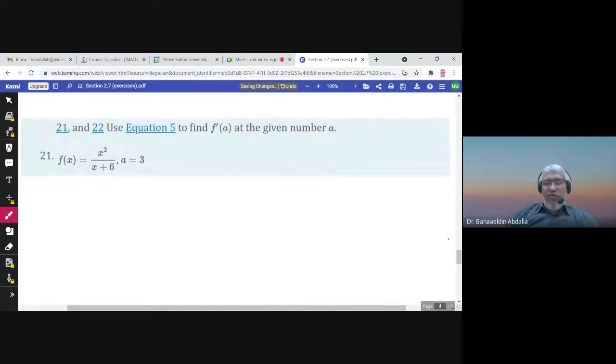So equation 5, I believe it is this one. Okay, this is the limit as x approaches 3 of f of x minus f of 3 over x minus 3. f of 3 is 9 over 9, that's 1.